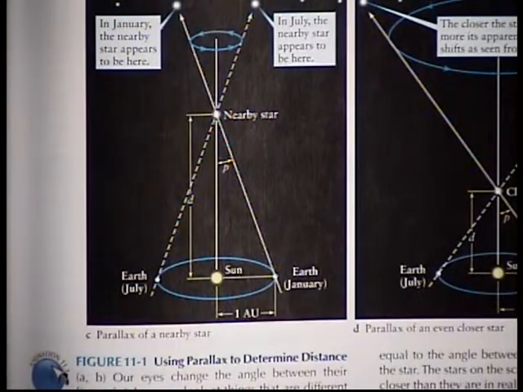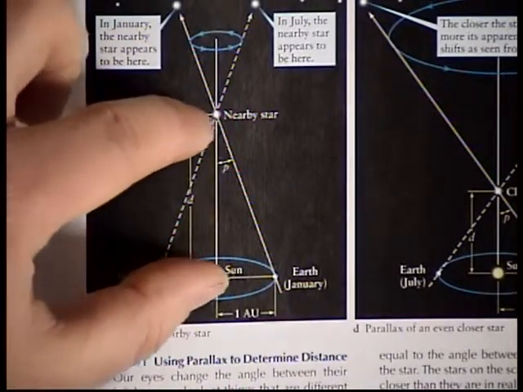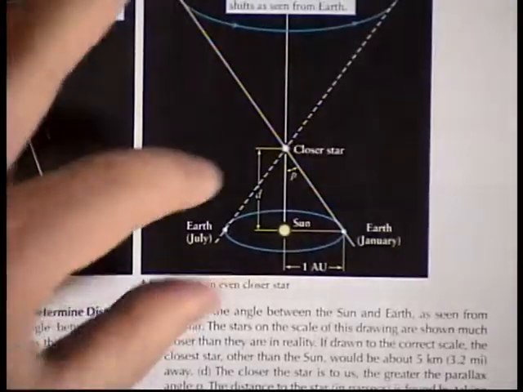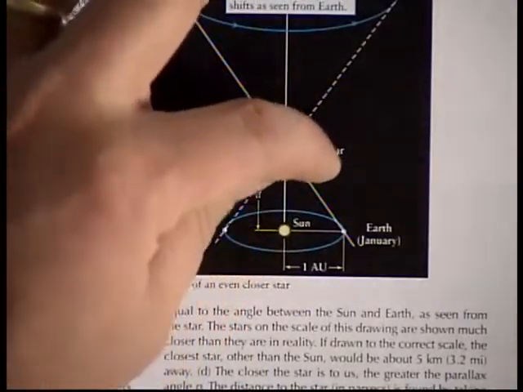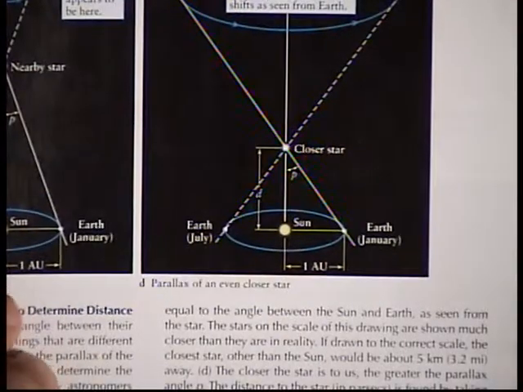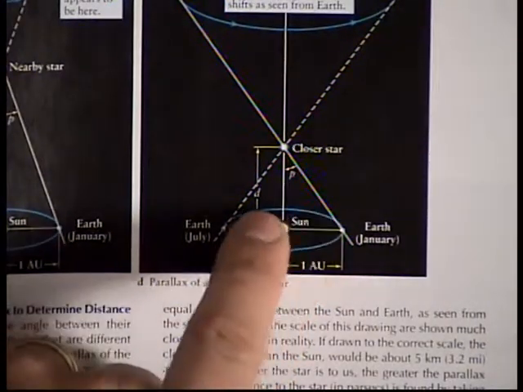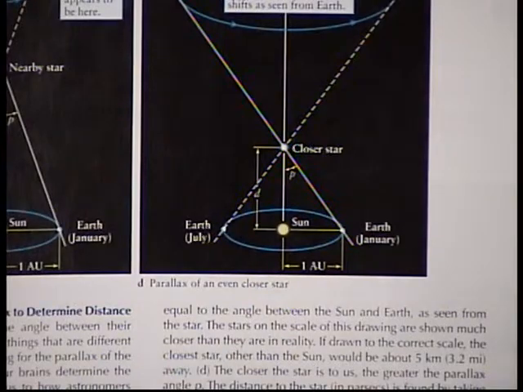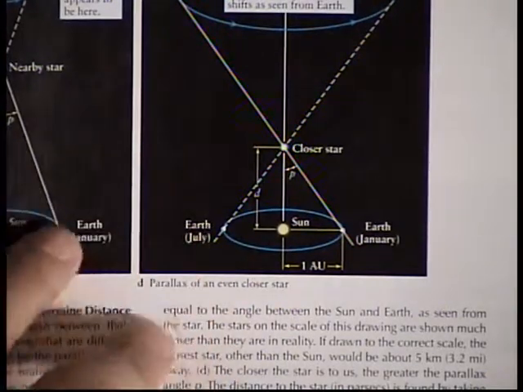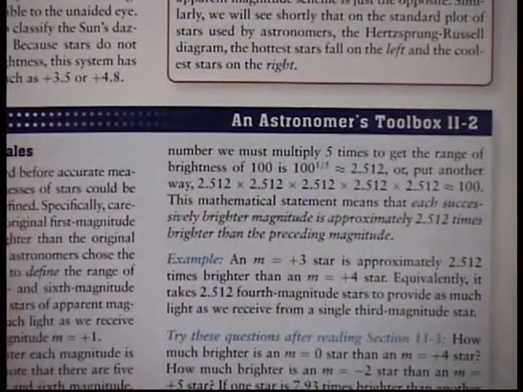Obviously, the greater the distance, the lesser the angle. So there's a relationship where the distance is inversely proportional to the parallax angle. That is a little bit about getting you started when you're going through reading parallax.